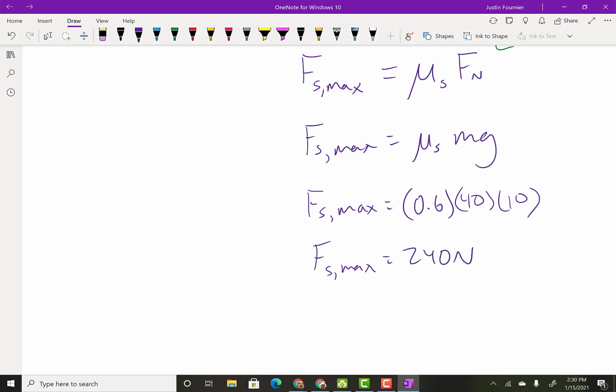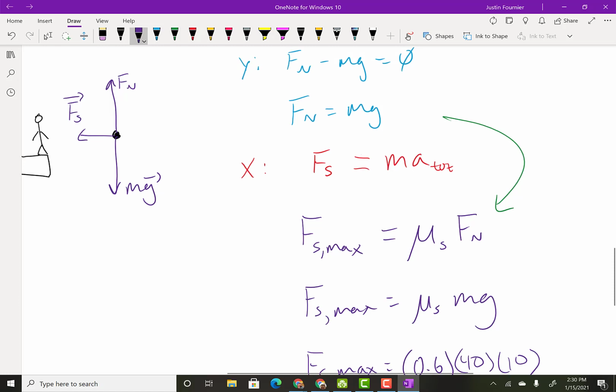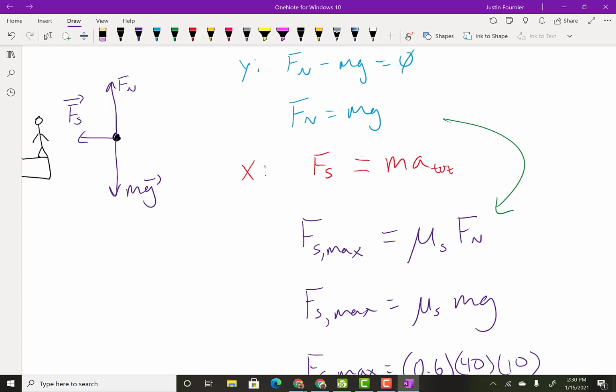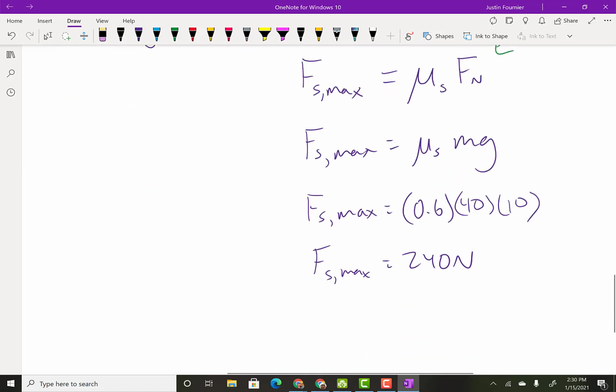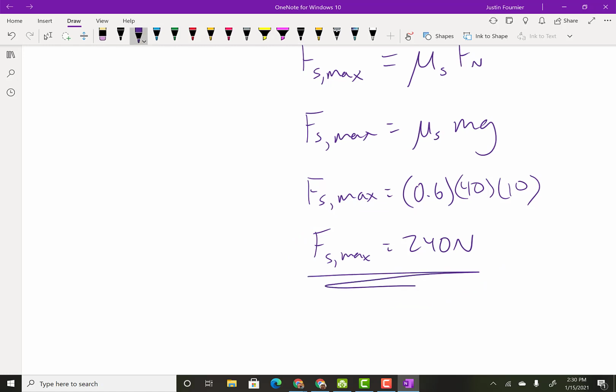So basically what I need to find out is whether this term here, because this is also Fs, is going to be big enough. If it becomes higher than 240, then the child is going to slip off, because 240 is the most that the static friction can provide.